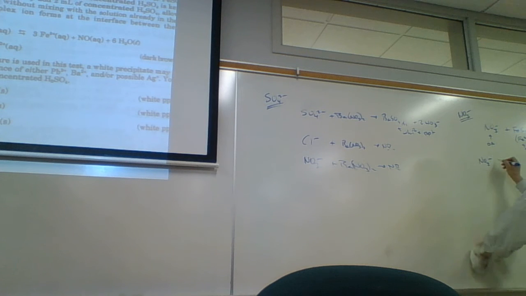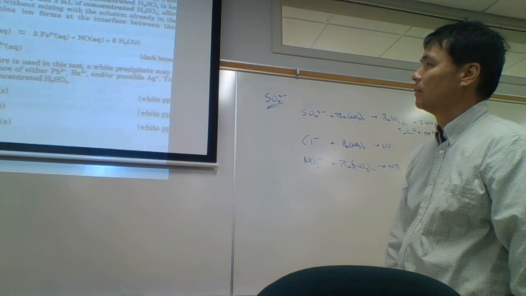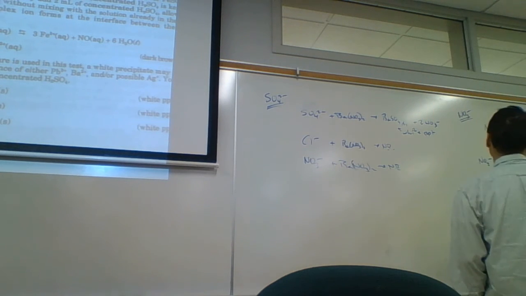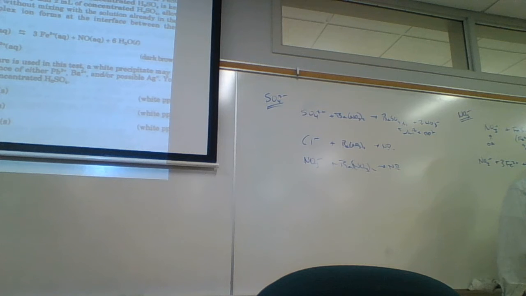Okay, 1 nitrate plus 3 iron 2s plus 4H+ yields 3 iron 3s plus NO gas plus 2H2O liquid.